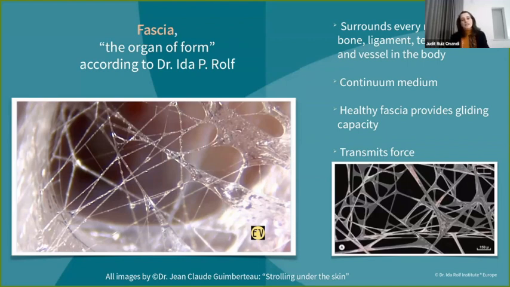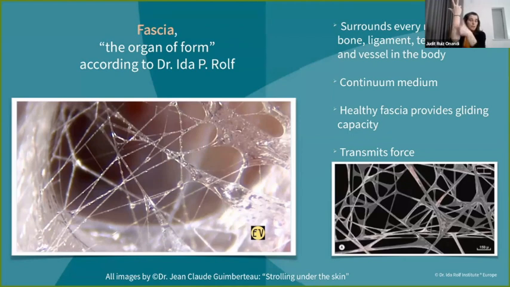In healthy fascia, it provides gliding capacity. You can see that if I put my arm like this, and I touch my forearm and move my fingers, I can feel muscles activating, contracting, and relaxing, because there are several layers of muscles.